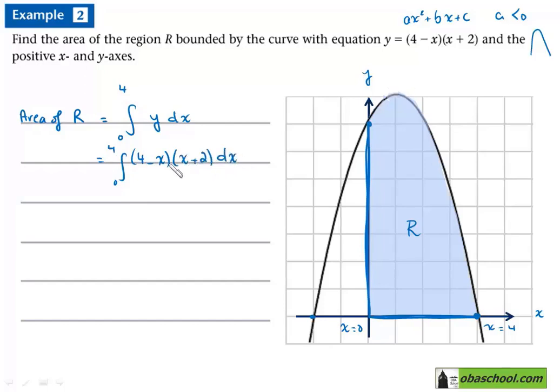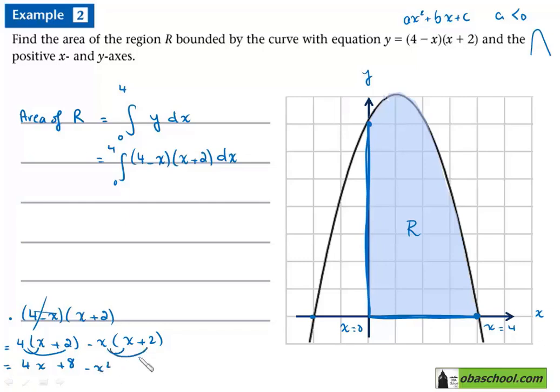In order to integrate, first we need to expand this function. 4 minus x into x plus 2. We will split the first term: 4 multiplied by (x plus 2) minus x multiplied by (x plus 2). Now we expand: 4x plus 8 minus x squared minus 2x.